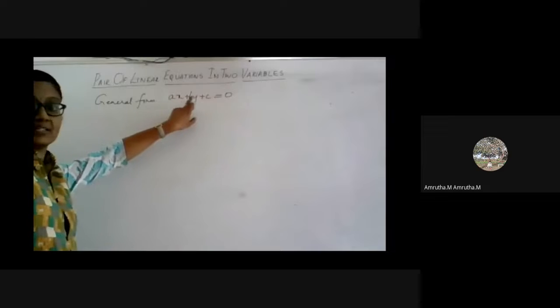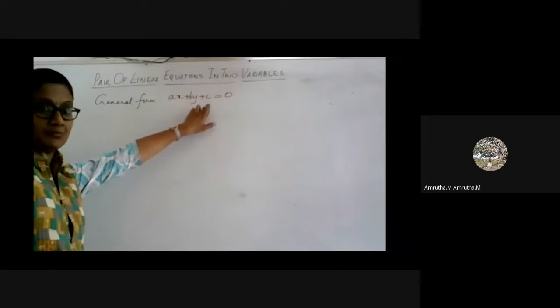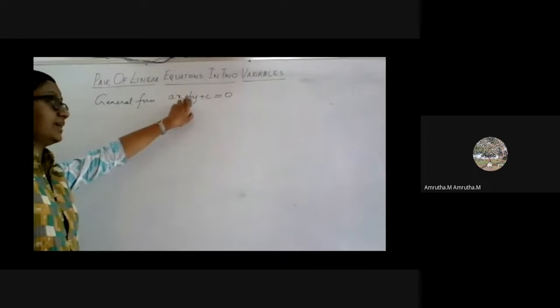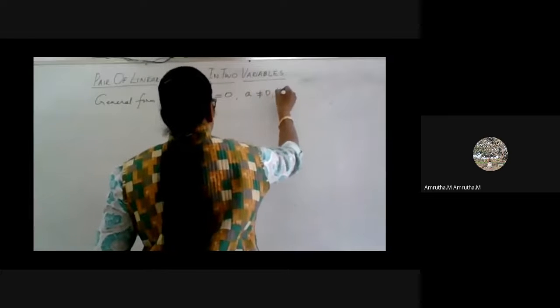The two variables here are x and y, and a, b and c are the coefficients of the term with x, the term with y, and the constant term. The condition is that a and b should not both be equal to 0.